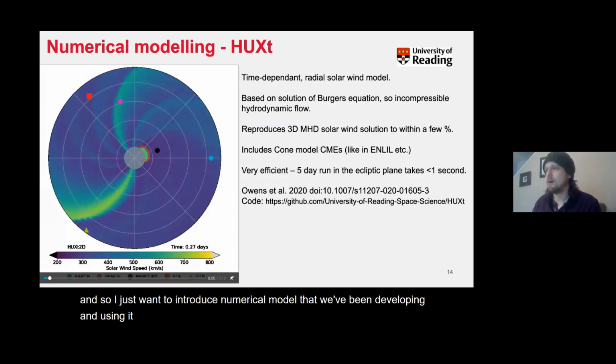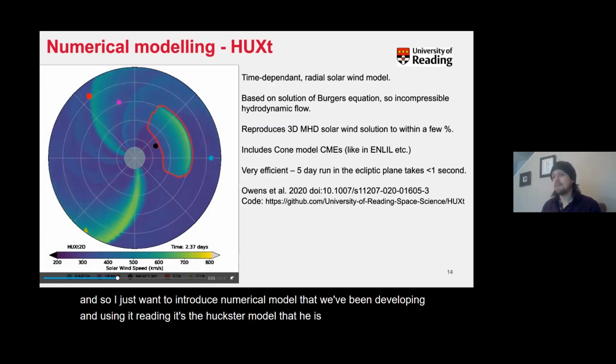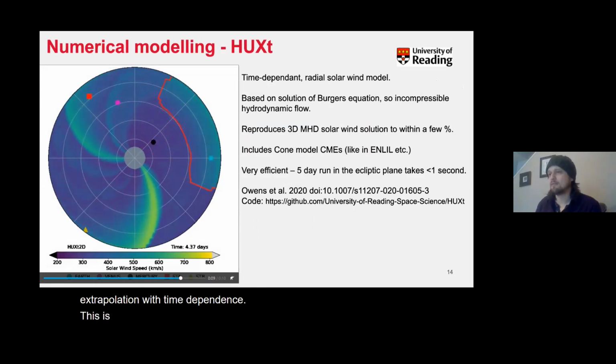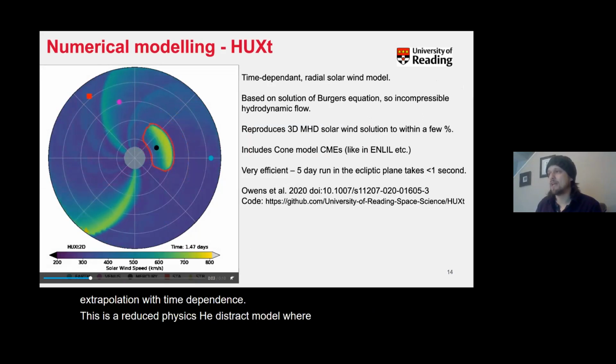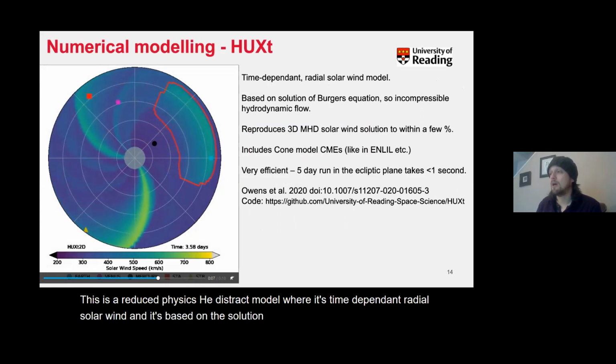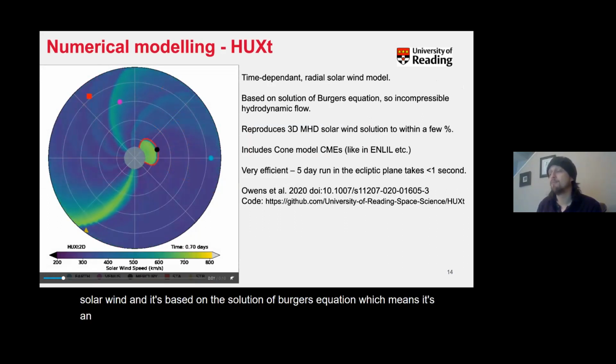It's the HUXt model, the heliospheric upwind extrapolation with time dependence. This is a reduced physics heliospheric model, a time-dependent radial solar wind, based on the solution of Burgers' equation, which means it's an incompressible hydrodynamic flow.